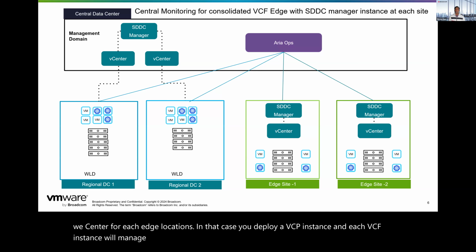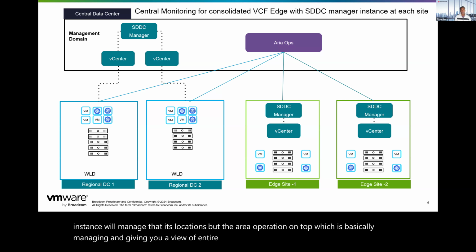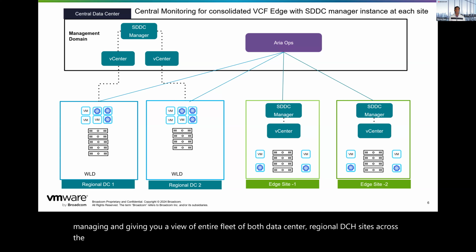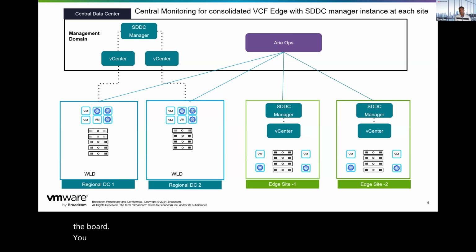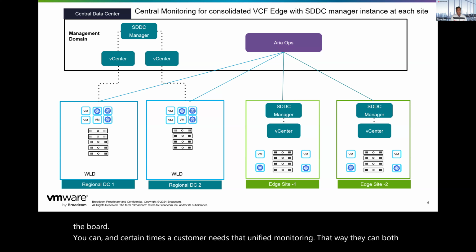But the Aria Operations on top is basically managing and giving you a view of the entire fleet of data center, regional DC, and edge sites across the board. Certain times a customer needs that unified monitoring, that way they can monitor both data center as well as edge, right?